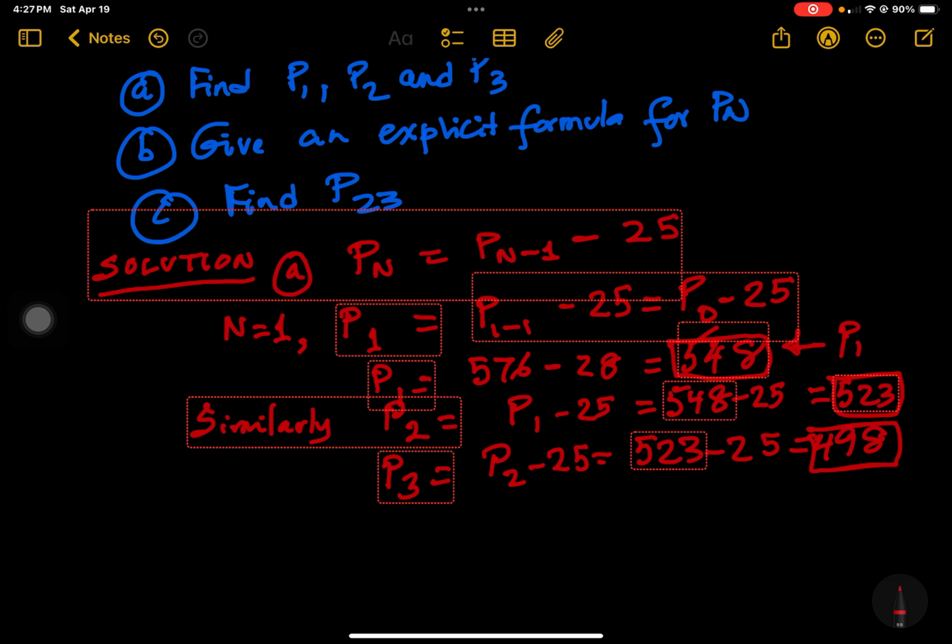So given an explicit formula, explicit means directly, starting with P0. Okay, so notice our P2.